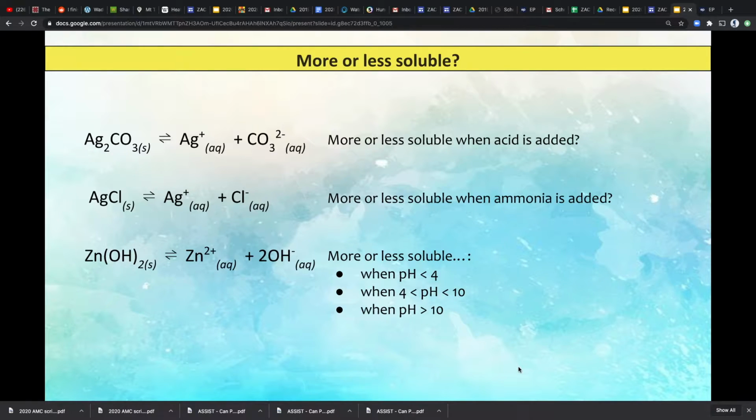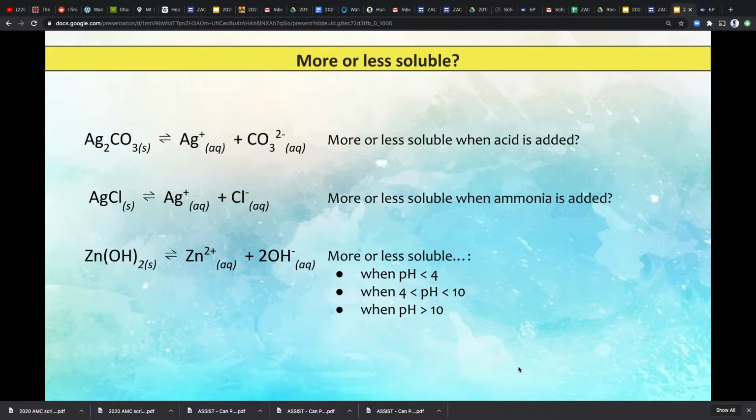So it's zinc hydroxide, right? And we're either in really acidic or really alkaline conditions or somewhere in between. Jimmy? So if you're in acidic conditions, you would have free H plus ions. Yes. They bond with OH minus to produce water.